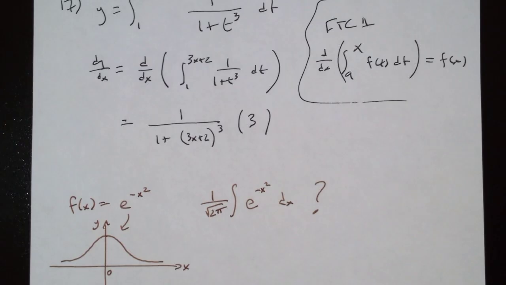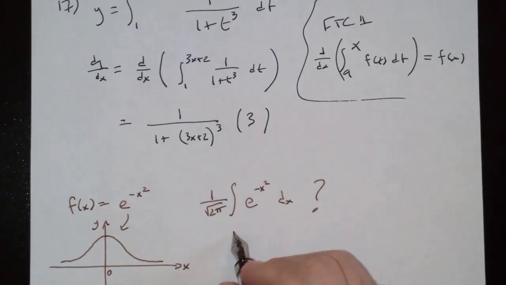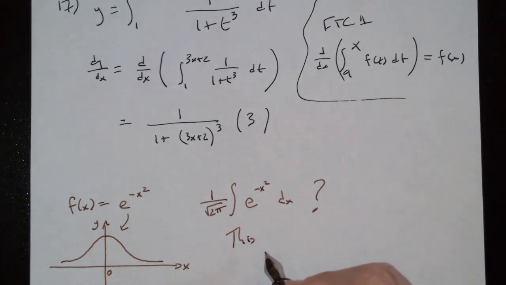And that is, I can only find so many antiderivatives. And there are a lot of functions whose antiderivatives simply cannot be written in terms of the functions we already know. And when we find such a function like this one, we're going to say that this antiderivative has no closed form.